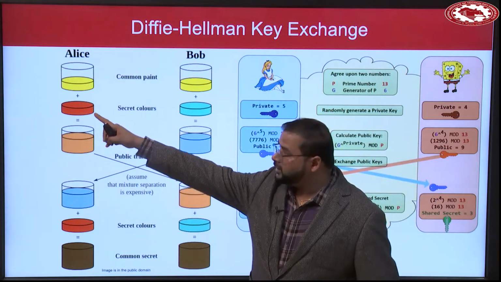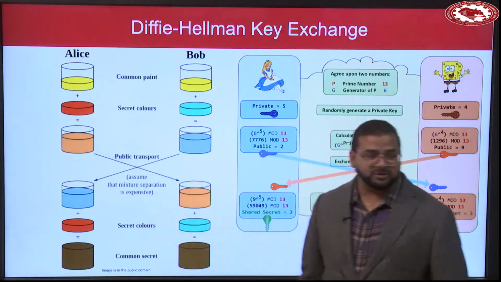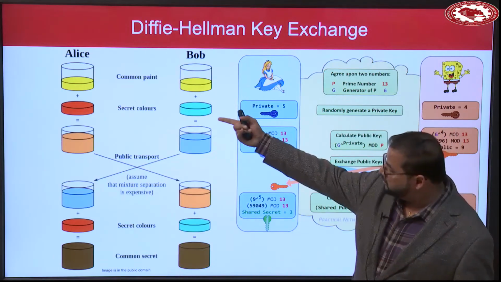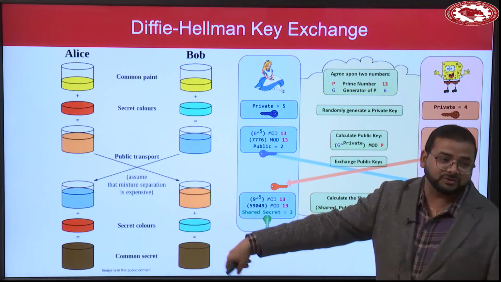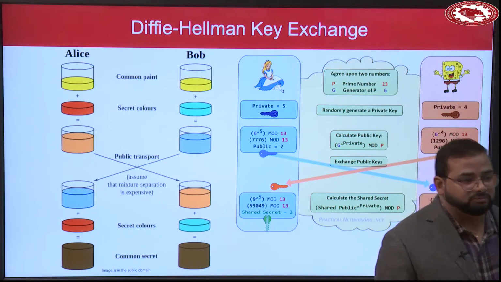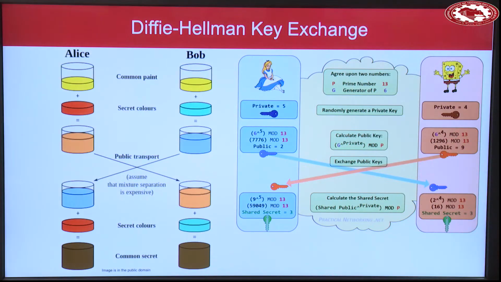And now you selected your orange, so you mix orange with this color. You go with this blue, you mix with this one, and you see the same colors. So it's a simplistic way to understand. This is how you can generate the same number, same color, without sending that color or number over the network.